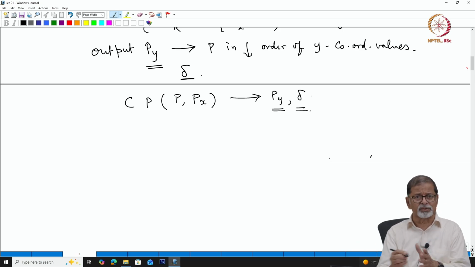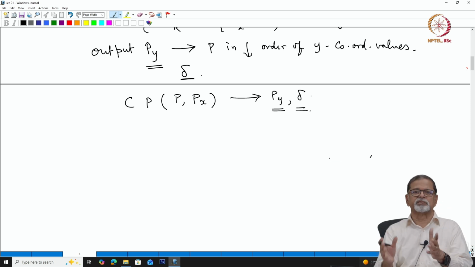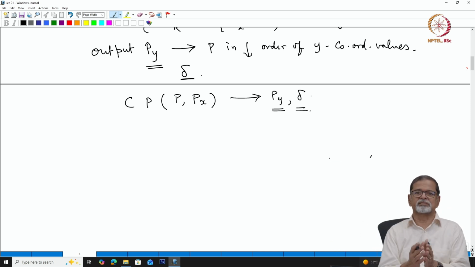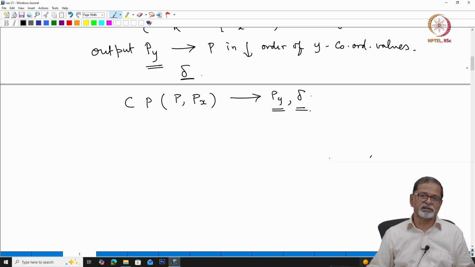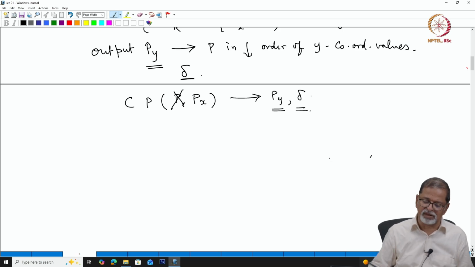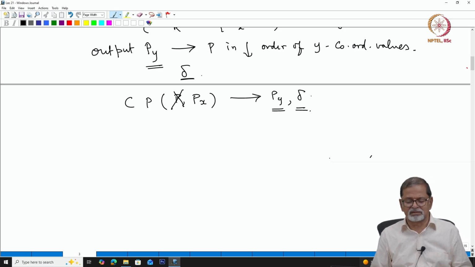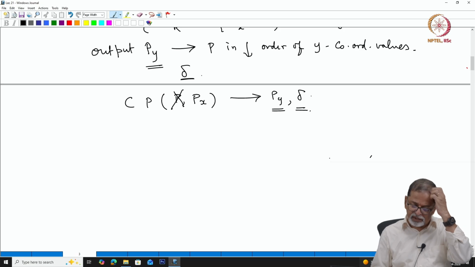First you split into two parts. With respect to Px, you don't have to do anything to construct the two halves. Px is split into two halves at M. Px is an array. You can split the Px array into two parts. In fact, we will not, because we assume that Px is the input.